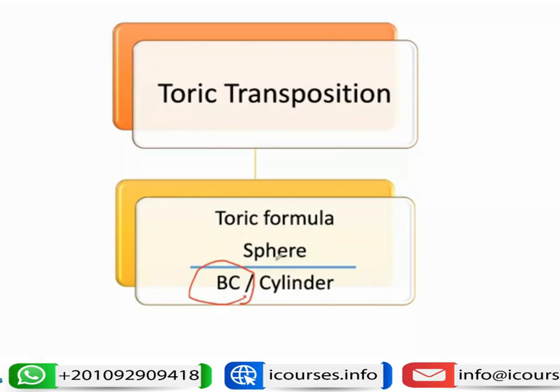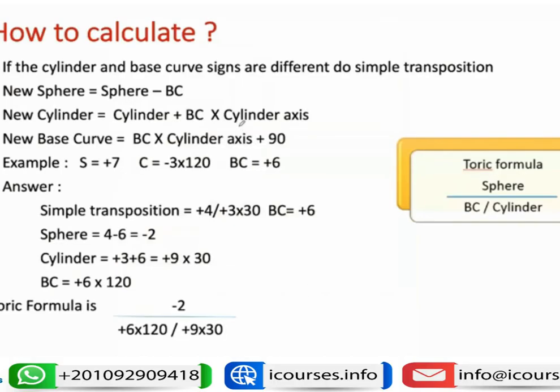So we have the toric formula, meaning the sphere divided by the base curve over the cylinder. So how do we calculate the toric formula? If the cylinder and the base curve signs are different, first we need to do a simple transposition. This is usually one of the common mistakes in the exam.